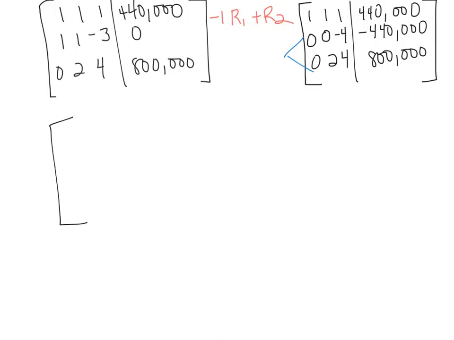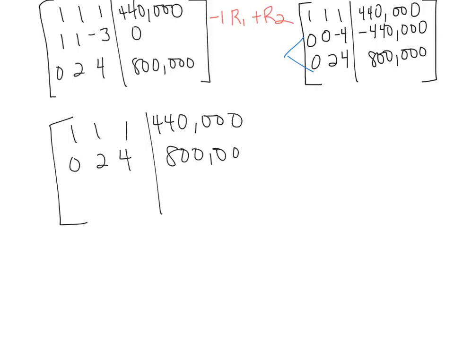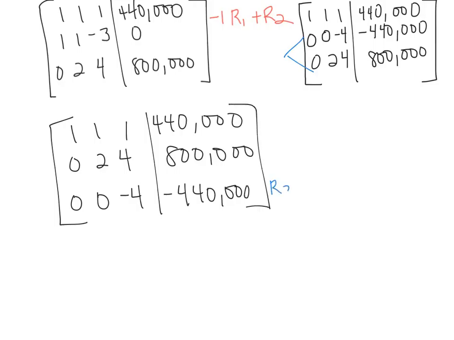That's going to give us almost exactly what we need. 0, 2, 4, 800,000, 0, 0, -4, -440,000.